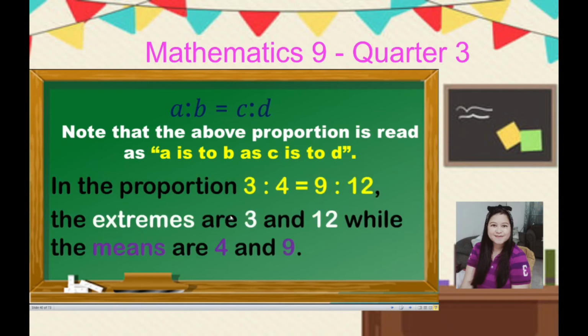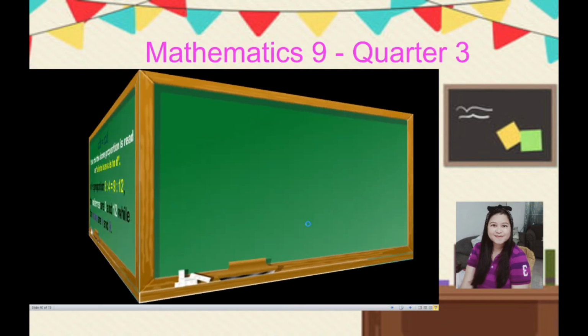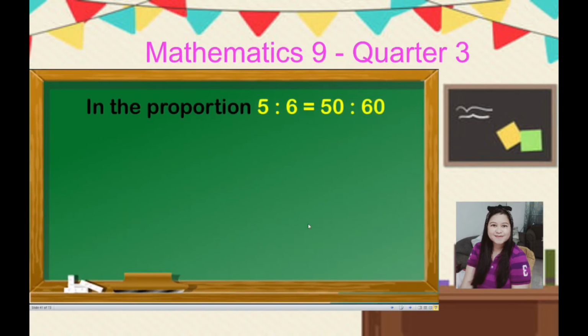So in the proportion 3 is to 4 as 9 is to 12, the extremes are the numbers 3 and 12. So ang extremes natin dyan, yung dalawang nasa dulo, 3 and 12. While the means naman are yung malapit sa equal sign, which are 4 and 9. So another example, in the proportion 5 is to 6 as 50 is to 60, alin ang means natin dyan?